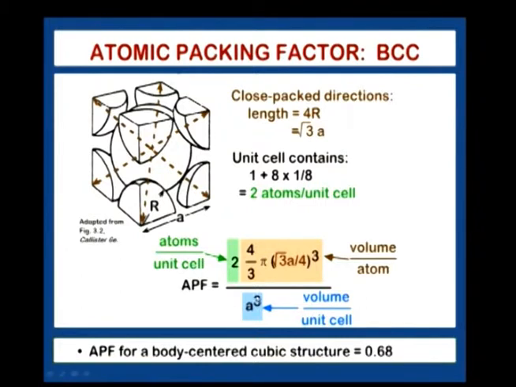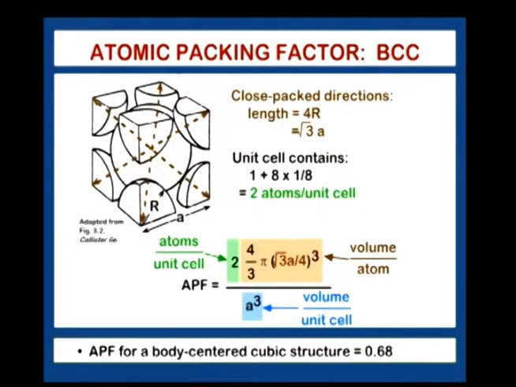Now you can cancel this A cube with this A cube, you are left with the constants 2 multiplied by 4 by 3 pi into root 3 by 4 to the power of 3, that is what you have, right. That gives you a value 0.68, that is the atomic packing factor for a body centered cubic structure will be 0.68.